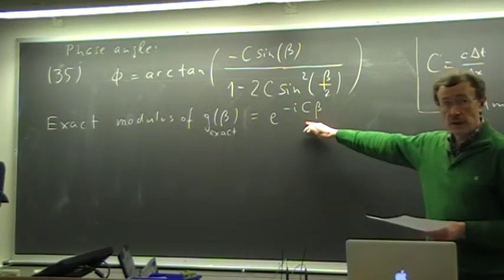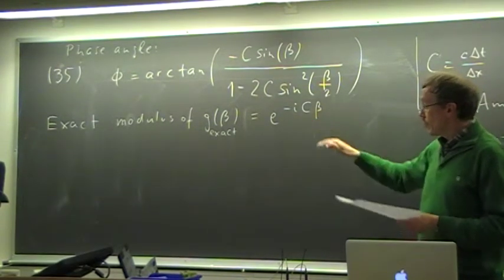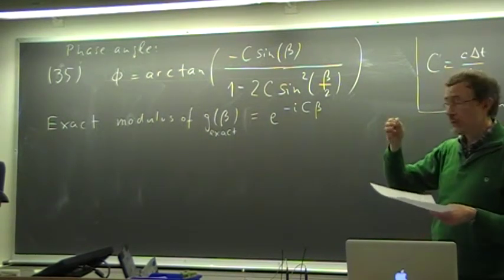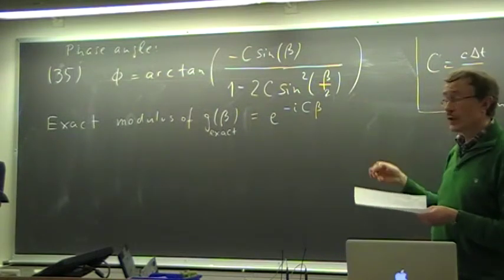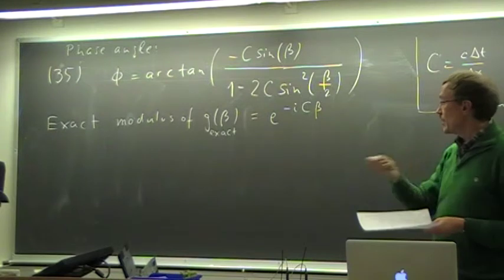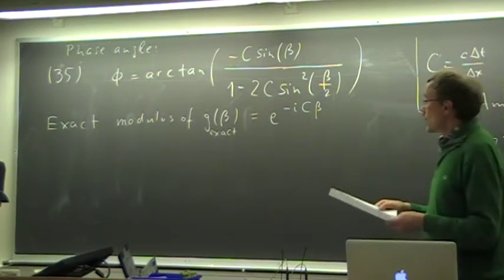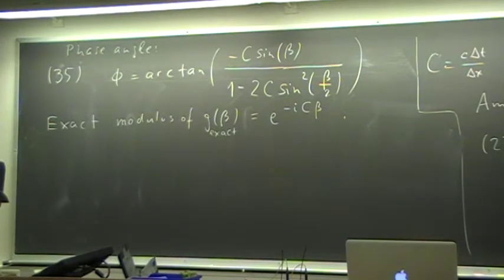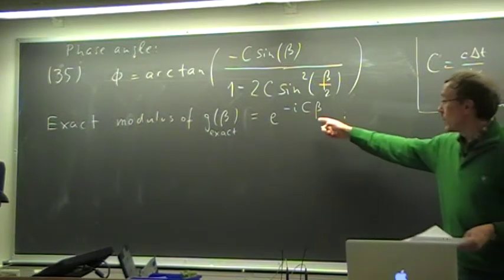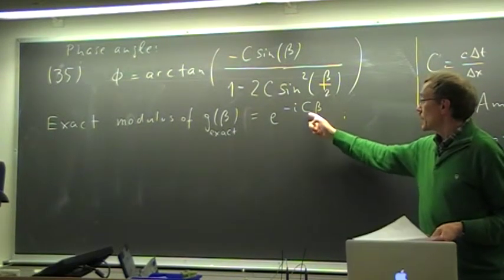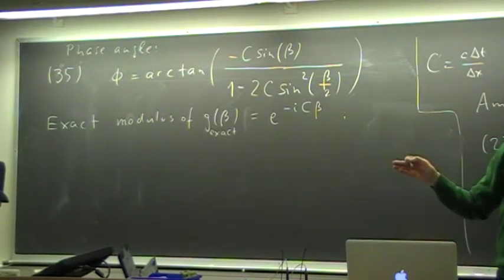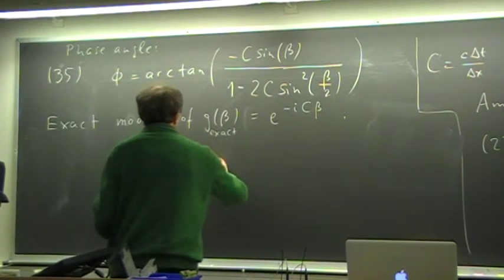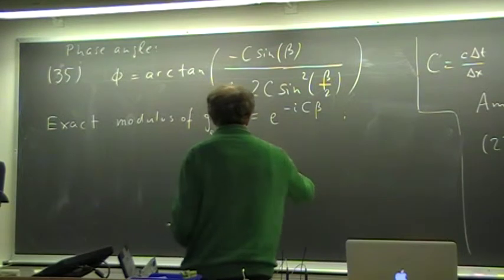That is what we get when we plug a Fourier mode, continuous in time, u hat of t e to the I k x, into the PDE, the linear advection equation. So the exact modulus of this is cosine of the argument plus minus I sine of the argument. If you take the modulus of that, it is 1. So this is simply 1.